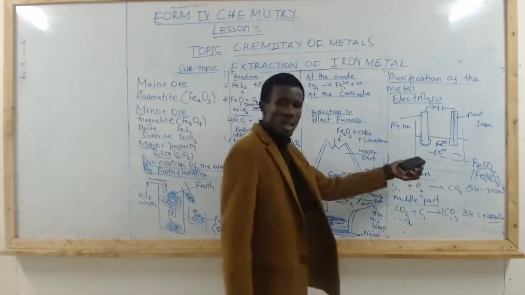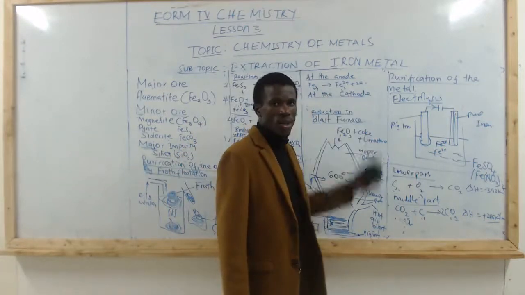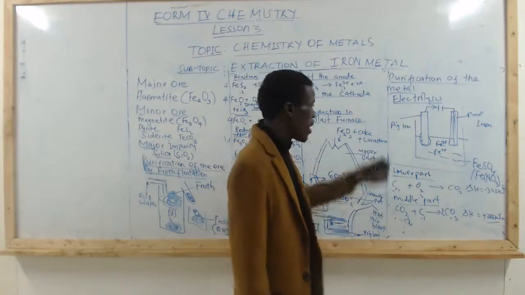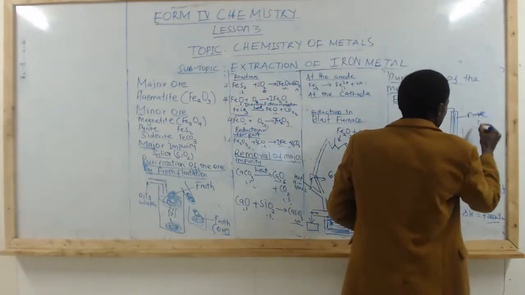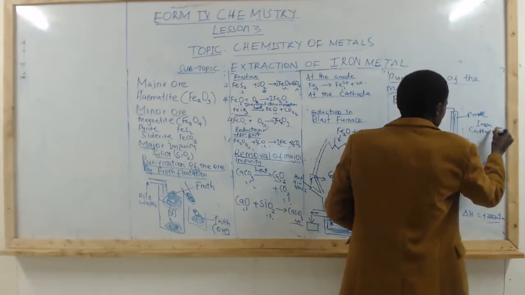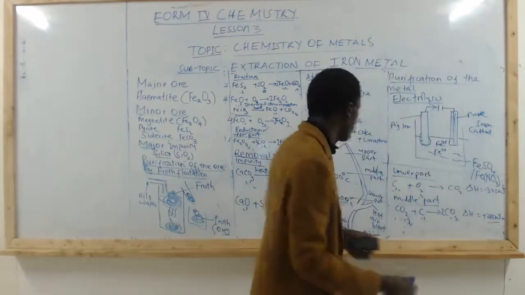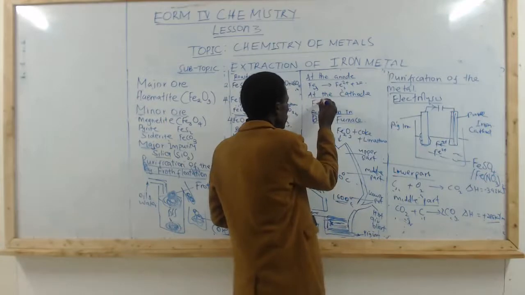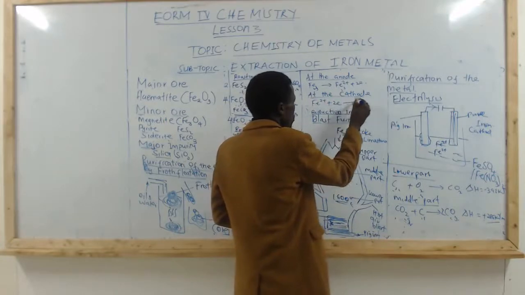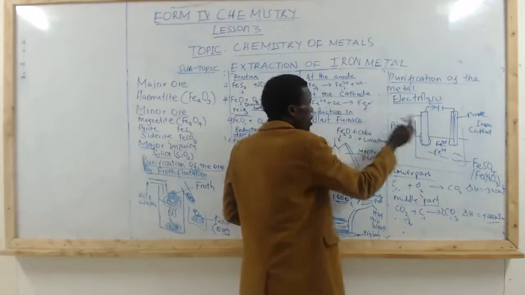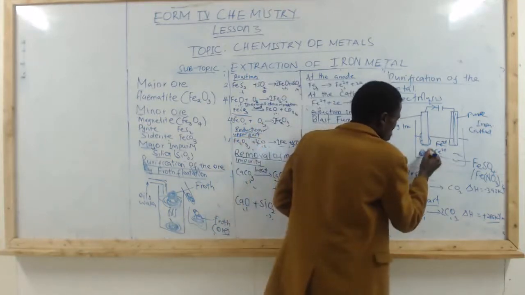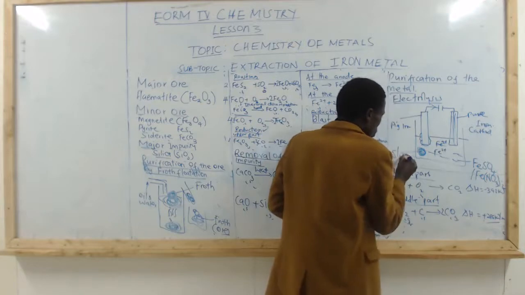The ions which are produced as iron dissolves migrate to the cathode, where they are deposited or reduced to form pure iron metal, leaving behind the impurities known as sludge.